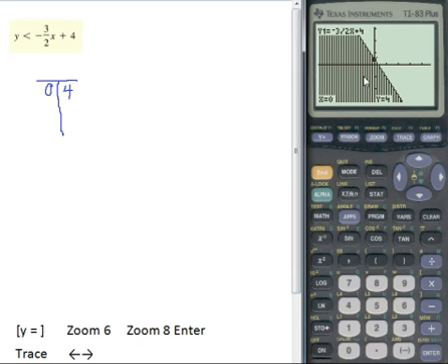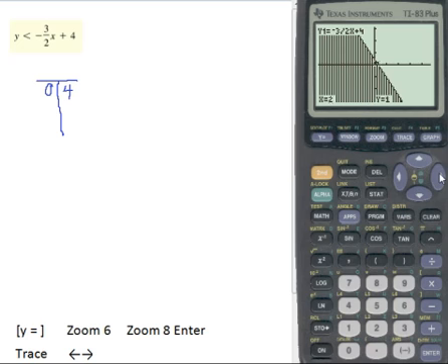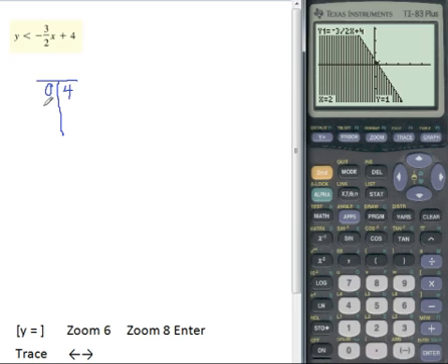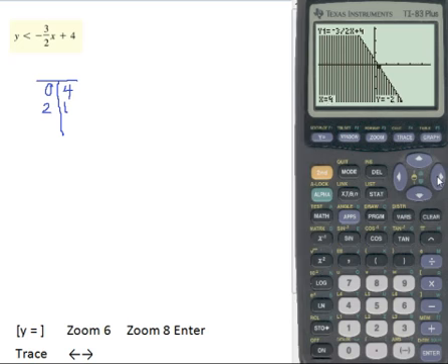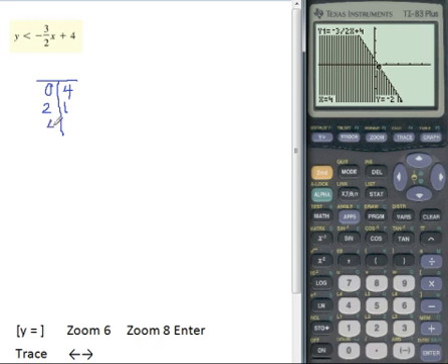And then if we need some other values to the right, 2, 1 is a value, and we could get other values too. 4, -2. And those three values are certainly sufficient to graph the line that forms the boundary.